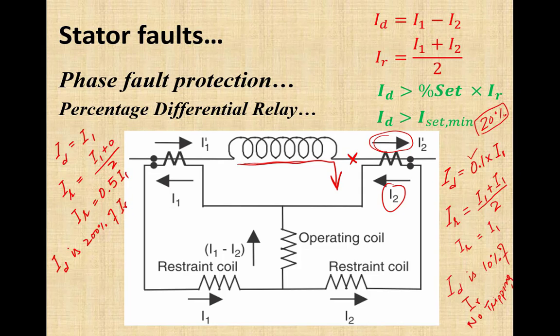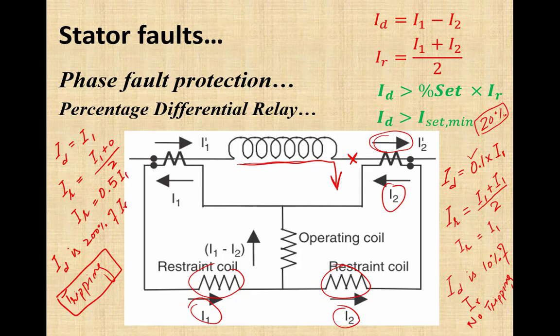So slope setting is just 20%, and actual scenario is operating coil current is 200% of the retaining coil current. So tripping will occur. Okay, relay will trip for this internal fault. So here we can see it is highly sensitive for within zone fault, and it is not going to operate for fault outside the zone of protection. And this is due to these two retaining coils and their corresponding retaining currents.